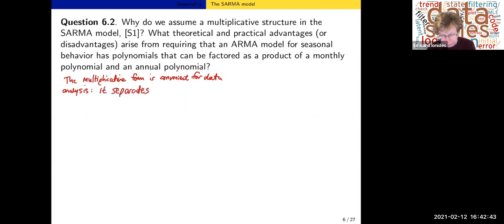It separates the annual and monthly effects, right?